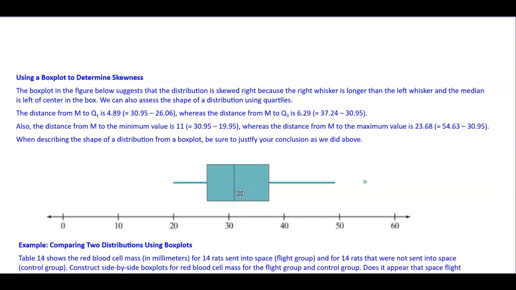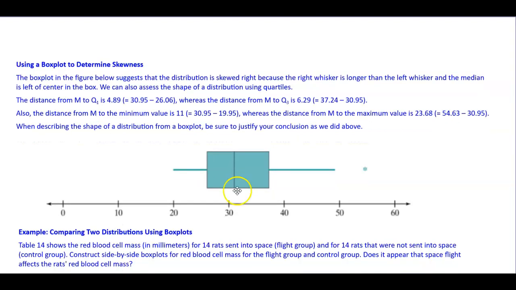We can also assess the shape of a distribution using quartiles. The distance from the median to quartile 1 is 4.89, because if we take 30.95 and subtract 2.06, we're going to see that the distance here, from quartile 1 to the median, is 4.89.